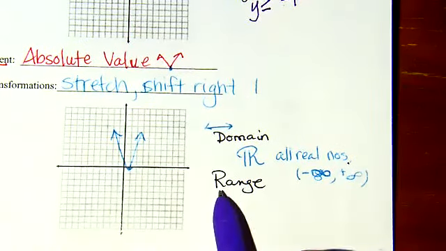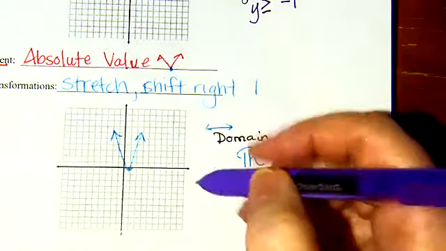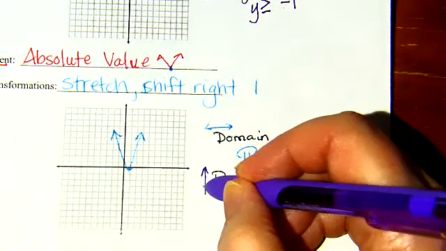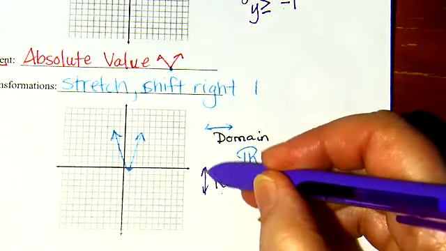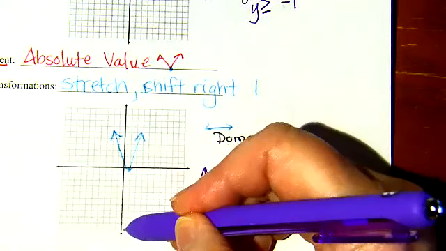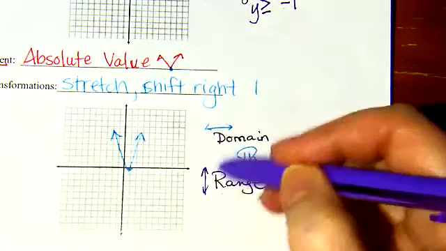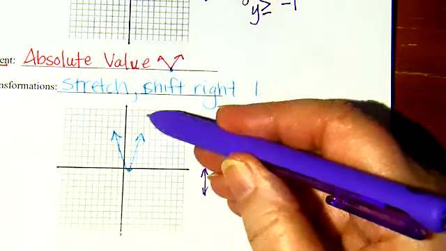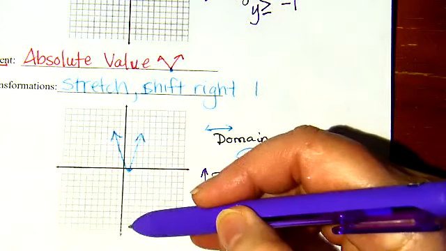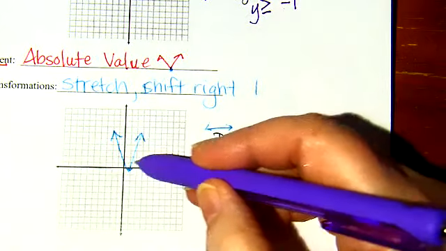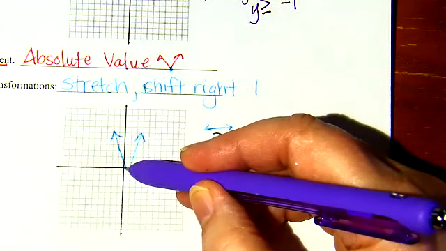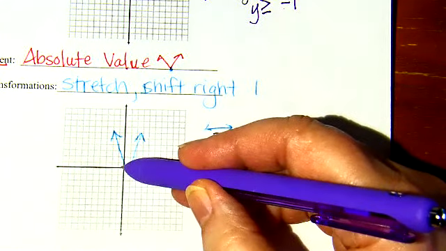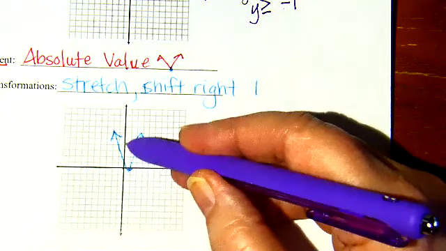So now the range, I'm going to look up and down. I want to keep my eye on the number line that's the y-axis. It goes up forever, but it doesn't go down. So now I'm going to ask, where does it start? I'm going to keep my eye on this number line.